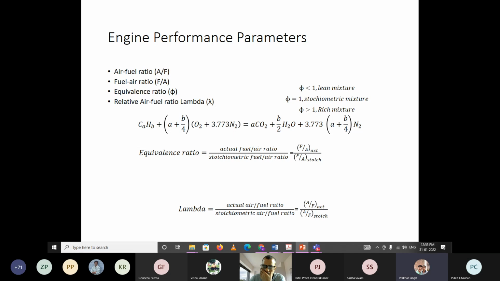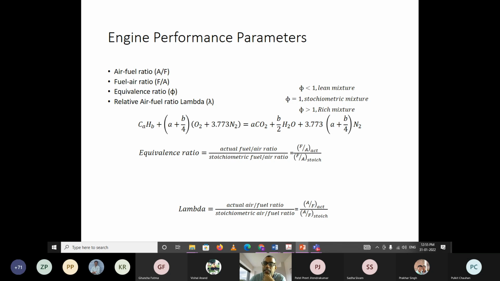Sir, we can take that some excess amount of air will be there in the lean mixture. Absolutely. So it can be taken as a plus b by 4 plus something, c sort of thing, where c is not taking participation in combustion. Yes. So there will be excess oxygen in the product.